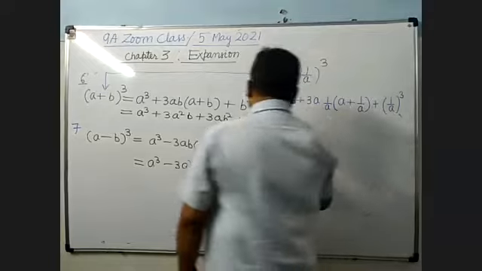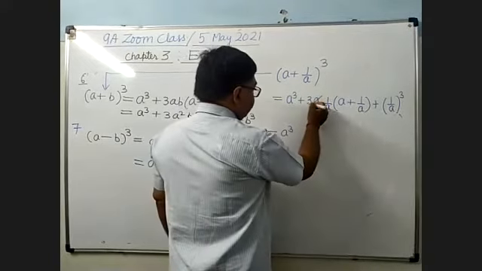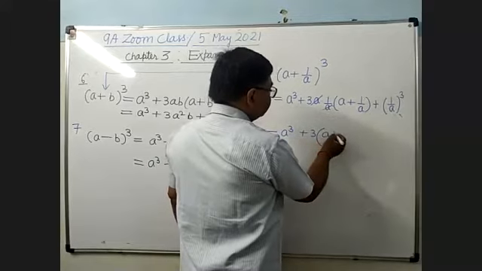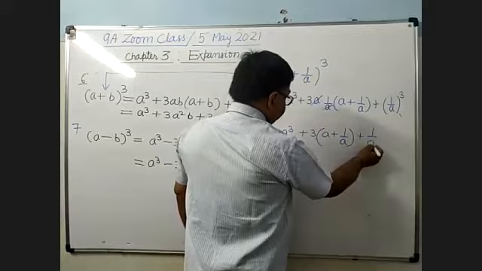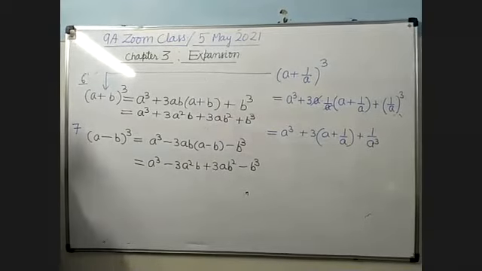So when you expand it, it will be a cube, a and a cancel, plus 1 upon a cube. This is the expansion of a plus 1 upon a whole cube.